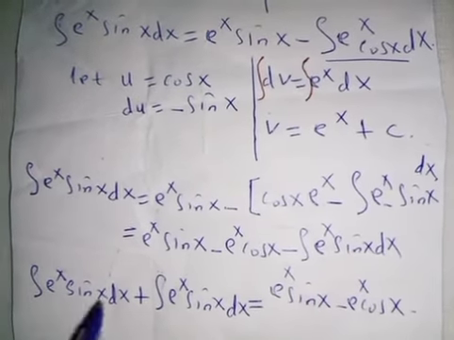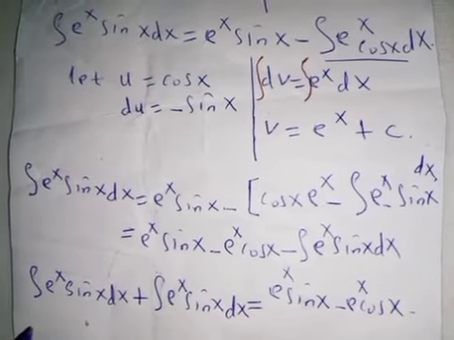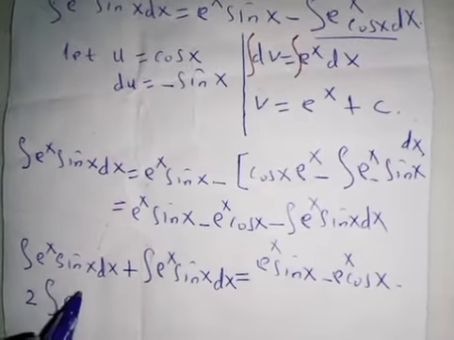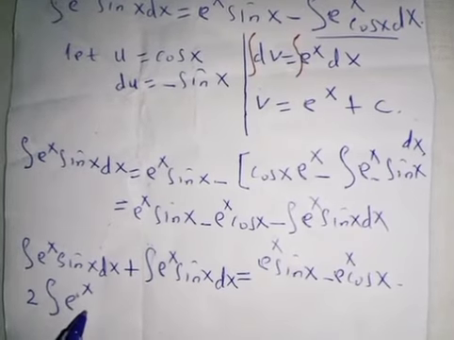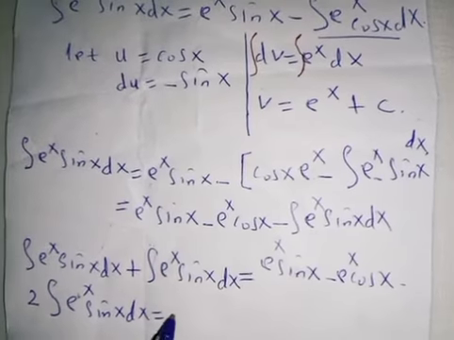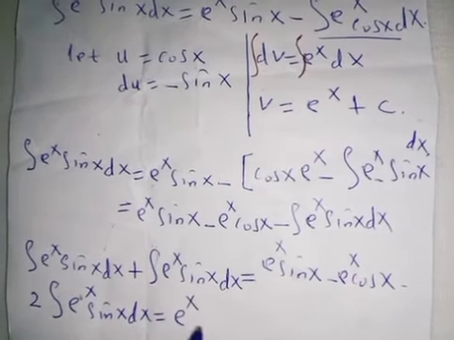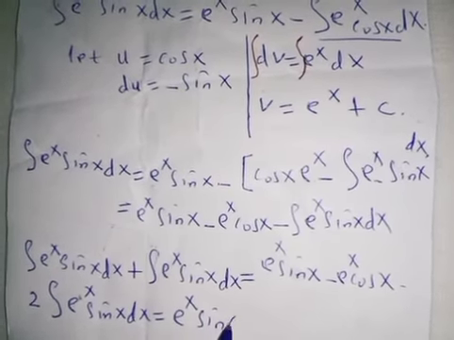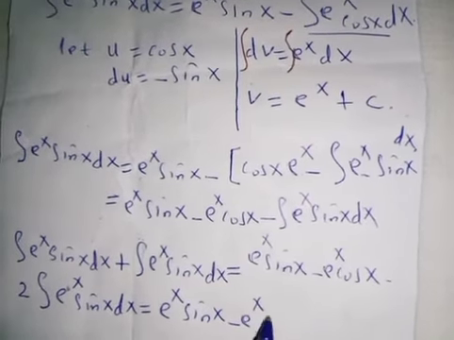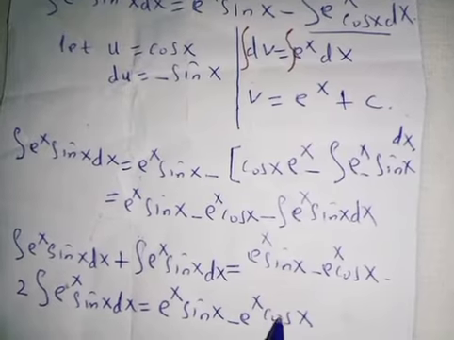So you can see these are two. We have two integral of exponential x sine of x dx, which is equal to exponential x sine of x minus exponential x cos of x.